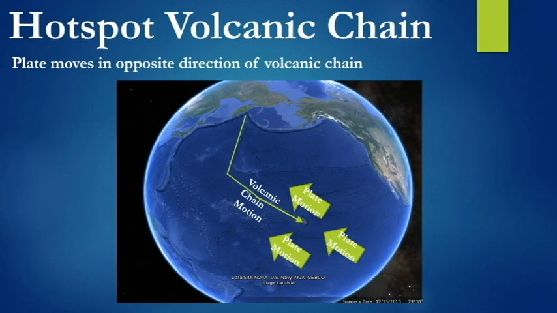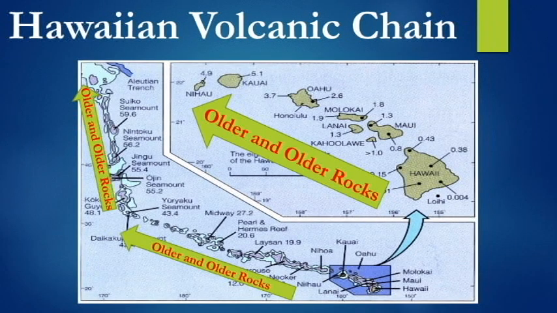So, hotspot volcanic chains. As you might expect, the age of the rocks gets older and older the farther away you get from the source. The rocks on the island of Hawaii itself, Mount Kilauea, are in some cases 0 years old, meaning they were formed very recently. On Maui, 0.8 million years old.